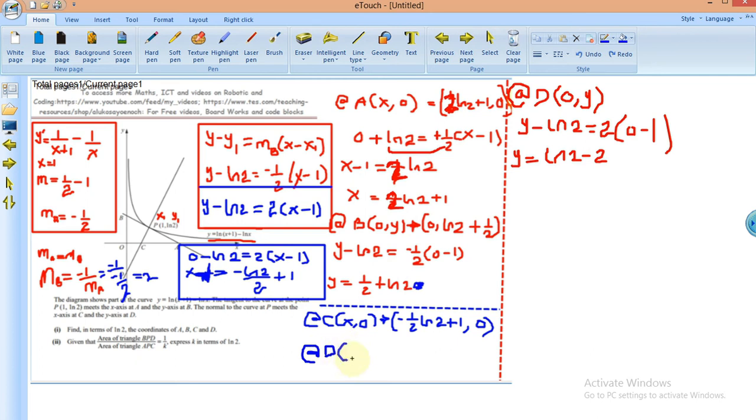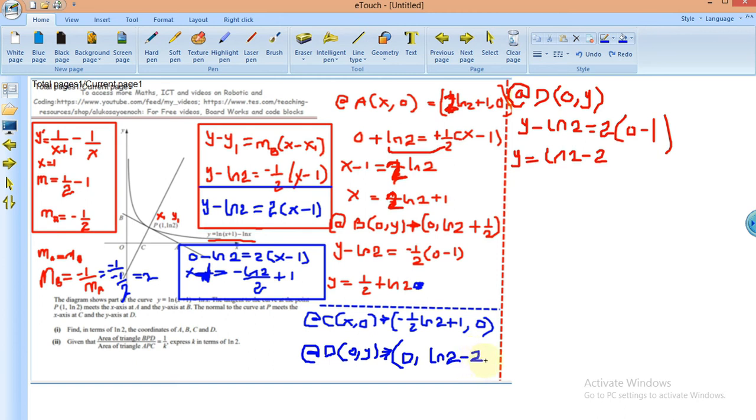We have the value already, so I'll just use this arrow here. So when x equals 0, that'll be 0 comma ln 2 minus 2. Okay, I hope that is clear. So now we are through with the first question. We have the coordinates for A, B, C, and D now.